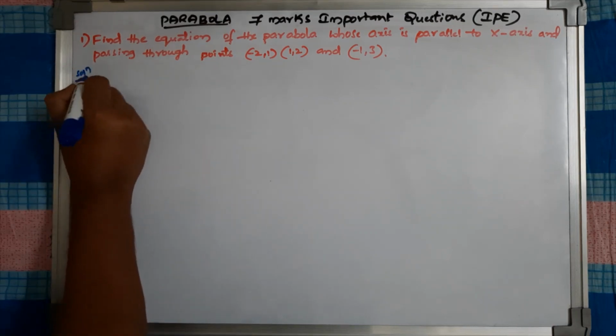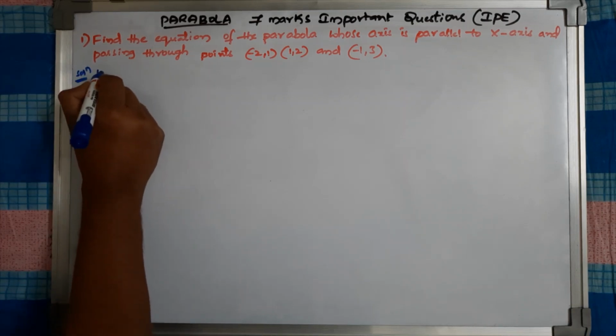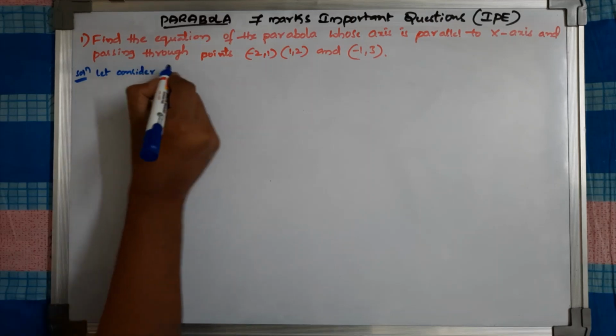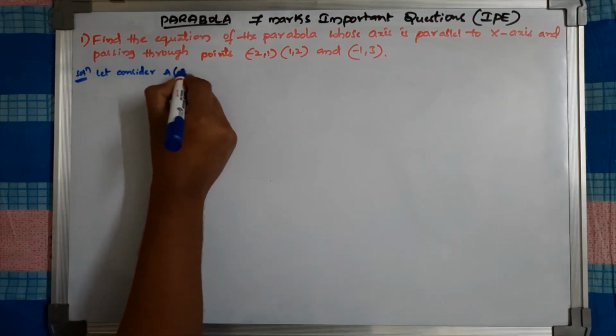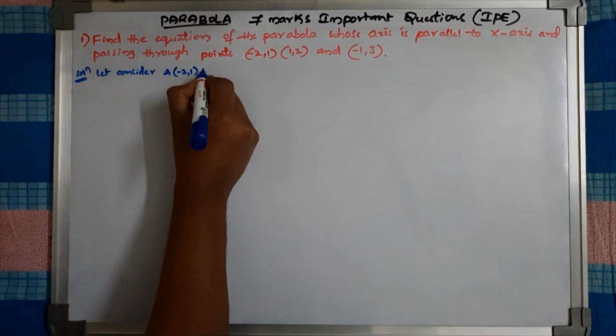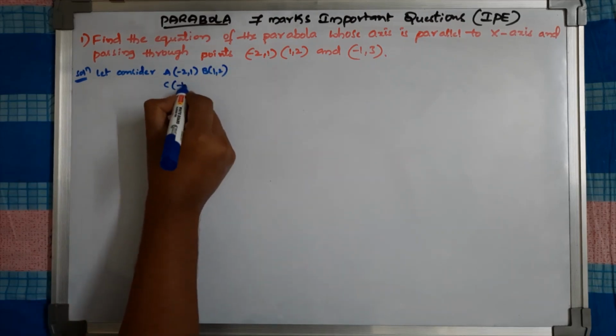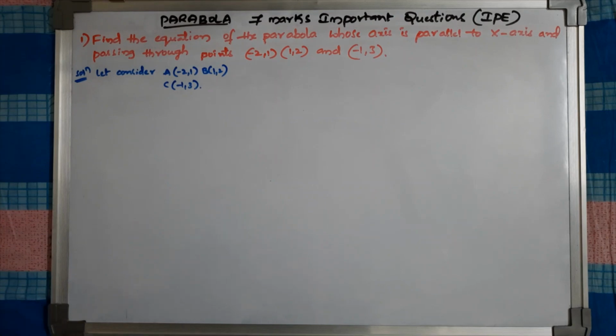First of all, let us consider the given points A (-2, 1), B (1, 2) and C (-1, 3).